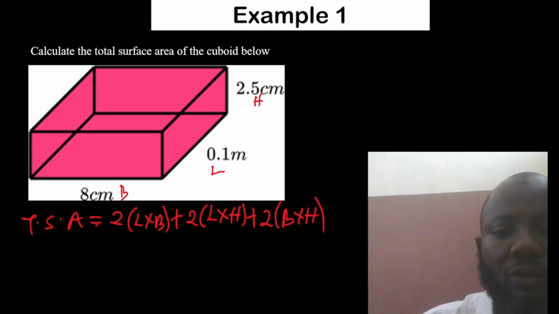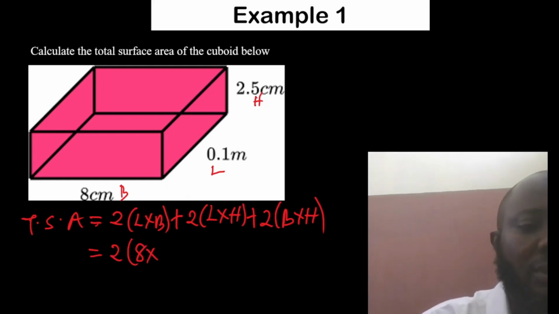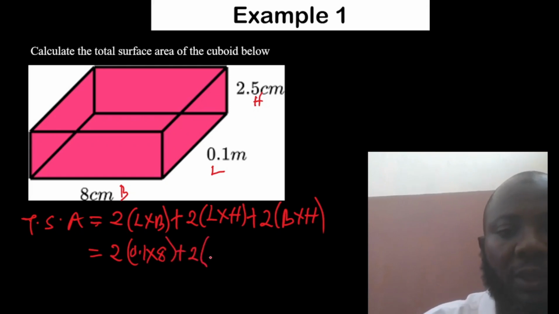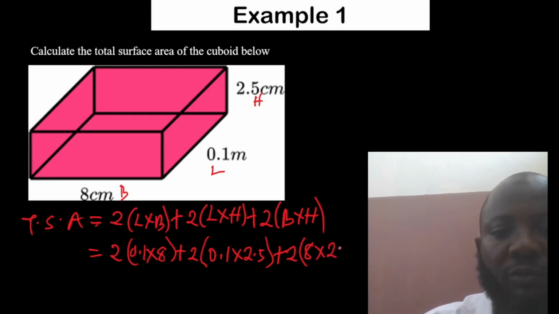Having known our length to be 0.1, breadth is 8, height 2.5: 2 into 0.1 times 8, plus 2 into 0.1 times 2.5, plus 2 into the breadth, which is 8, times height 2.5.